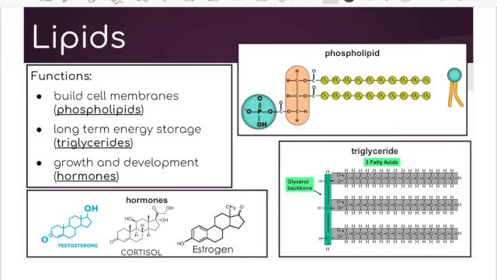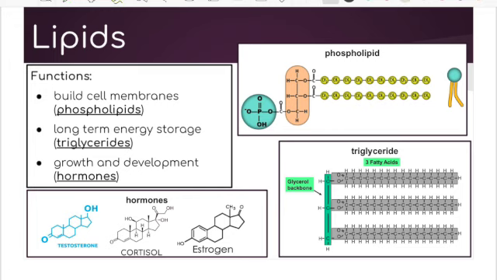That's a specific lipid called a triglyceride. And then they're also used for growth and development. We use these chemical messengers called hormones that send messages all around the body to help organisms grow and develop and help to coordinate all the different systems and tissues inside of living things.